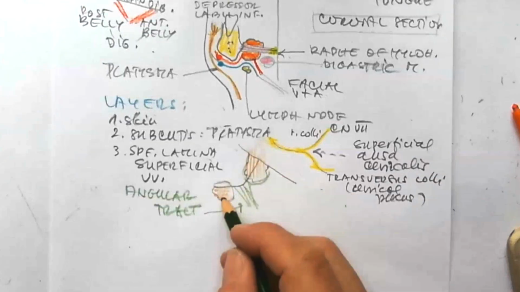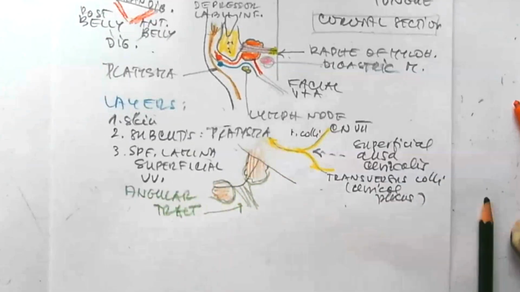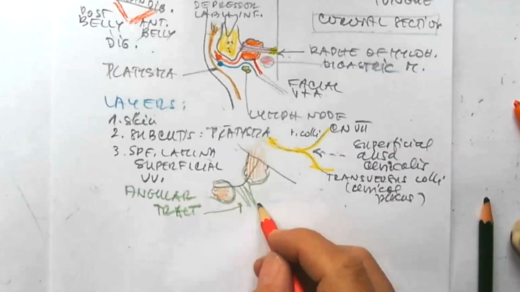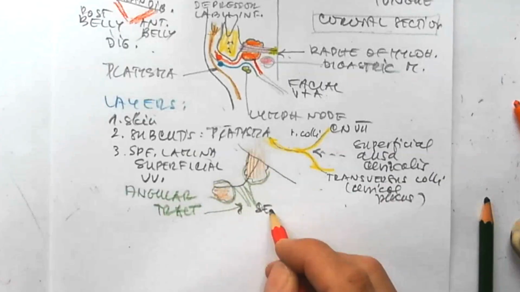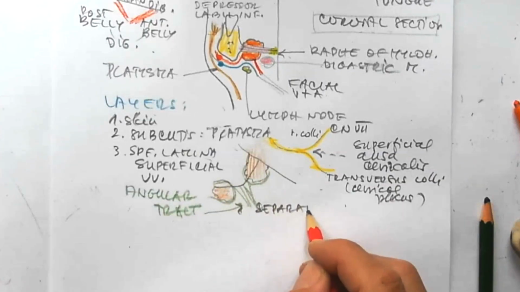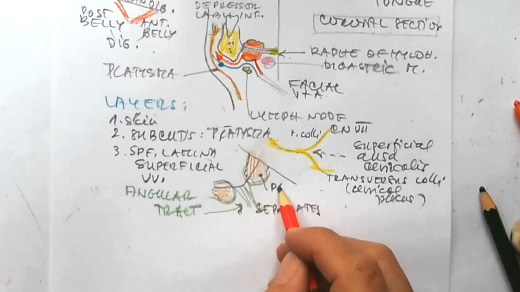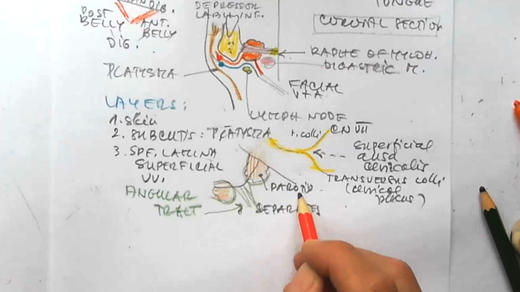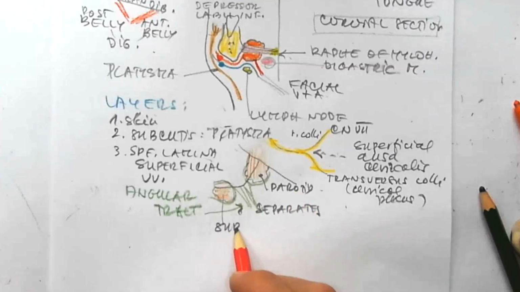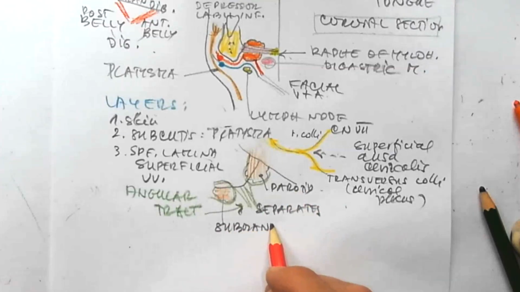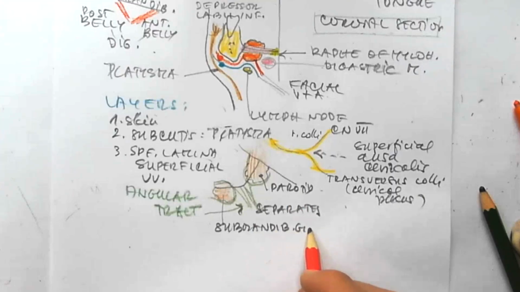This angular tract separates the glands. The glands are situated in their beds, so it separates the parotid gland and the submandibular gland.